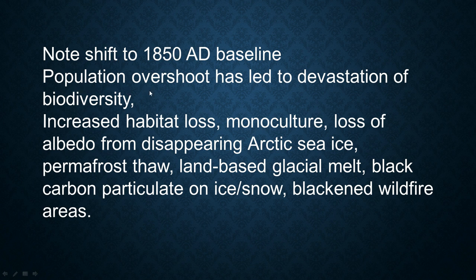Right, 1850 baseline. Population overshoot has led to the devastation of biodiversity, increased habitat loss leading to extinction, monoculture, fields of growing one crop, loss of albedo from disappearing Arctic sea ice, permafrost thaw, land-based glacial melt, black carbon particulate on ice and snow, which changes the albedo, blackened wildfire areas.